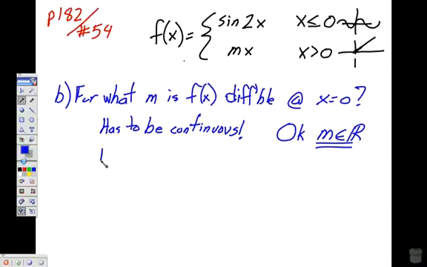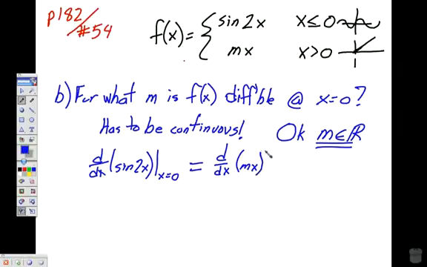So the derivative of the sine of 2x evaluated at x equals 0 needs to be the same as the derivative of mx evaluated at x equals 0.